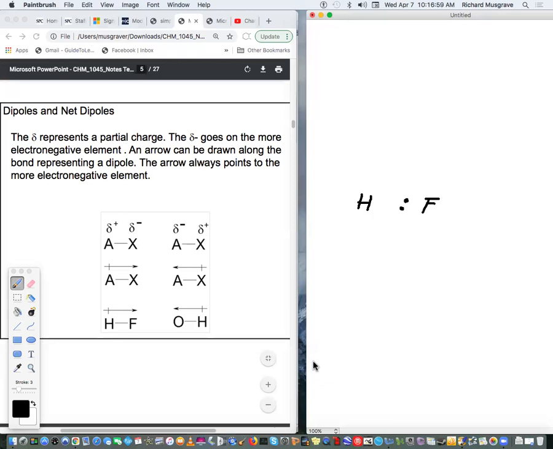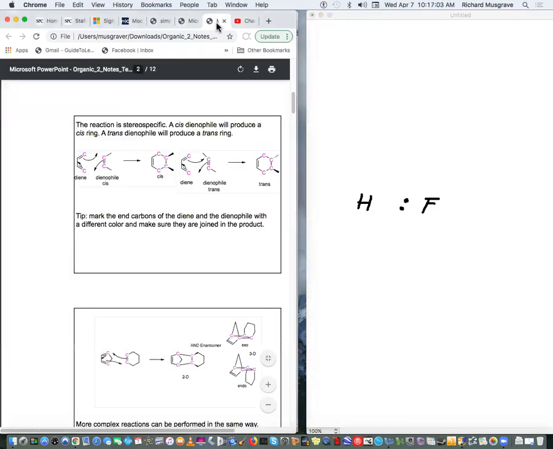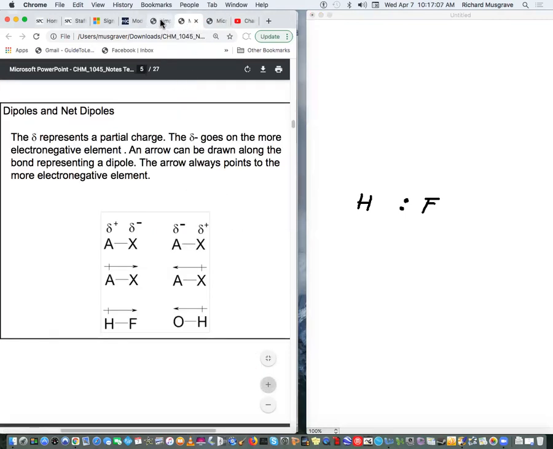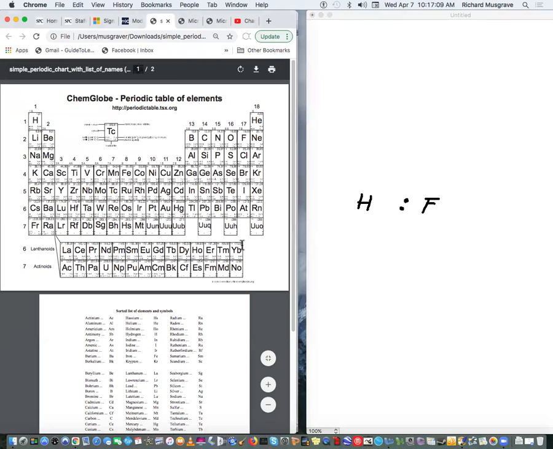So why is F more electronegative than H? Well, I don't know. It's like asking why the sky is blue, Michael. It just is. Well, I know there's an explanation to it that has Rayleigh scattering, but I'm just saying that I want you to accept that fluorine is the most electronegative element.